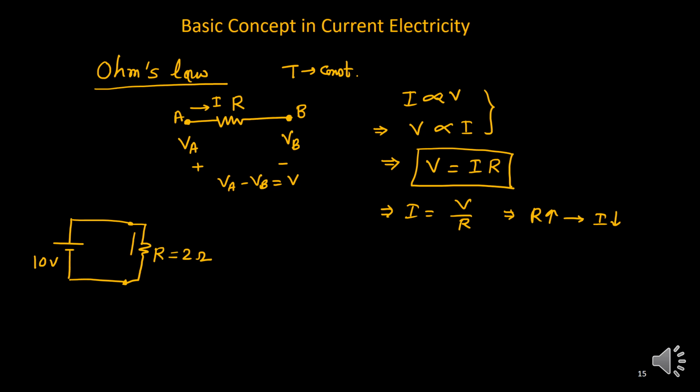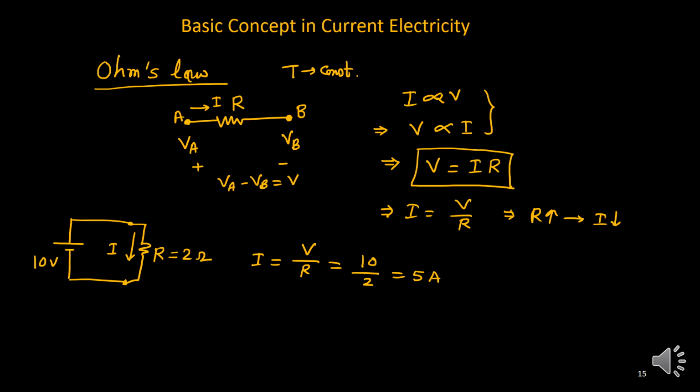Then the current I through this resistance is simply the voltage upon the resistance, V by R. In this case it is 10 volt and 2 ohm, so 10 by 2 equals 5, and the unit is ampere. The unit of voltage is volt, the unit of resistance is ohm, and the unit of current is ampere.